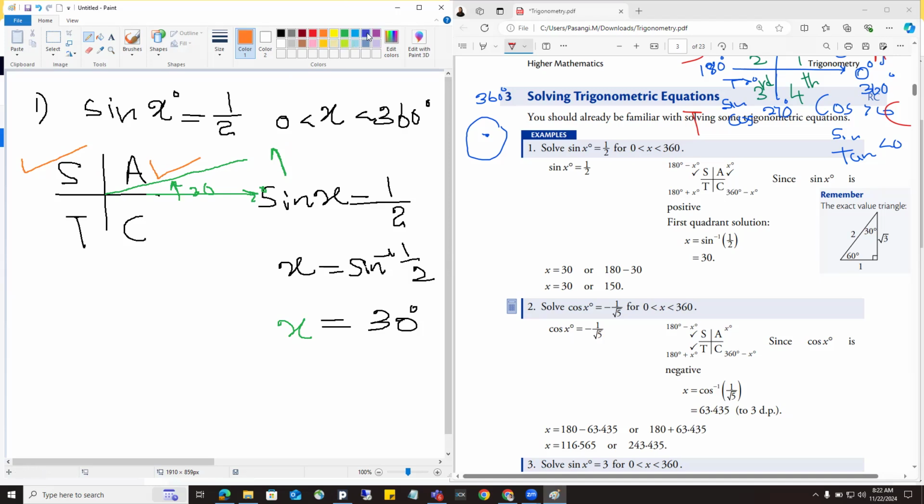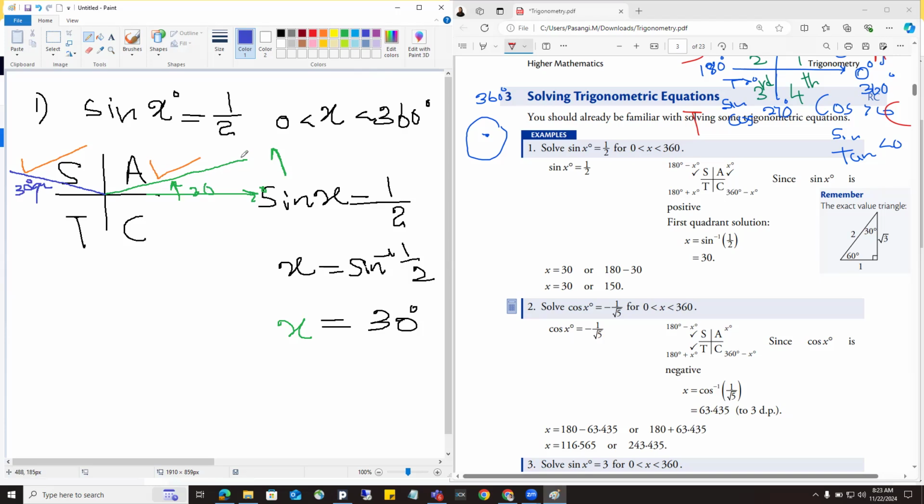Then what we can do is mark the reference angles. Reference angles means all these reference angles should be marked through the x-axis. So here, if it's 30 degrees, from this side also we can mark this 30 degrees.